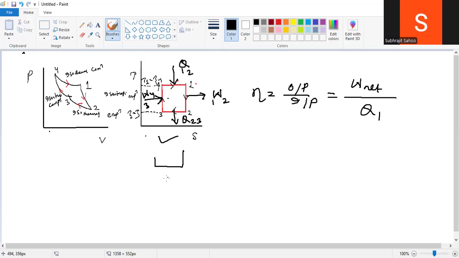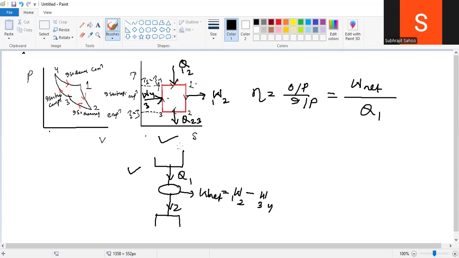This is Q1, this is my device, and this is Q2, and here I am getting W net. W net in the sense W1 to 2 minus W3 to 4. Instead of these four individual processes, I'm going for this diagram. Easy to understand.